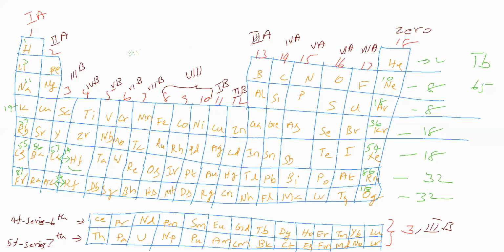Metalloids will have both behaviors, metallic behavior and non-metallic behavior. Which are metalloids? This boron, this silicon, this germanium, arsenic, antimony, tellurium, polonium, and astatine.